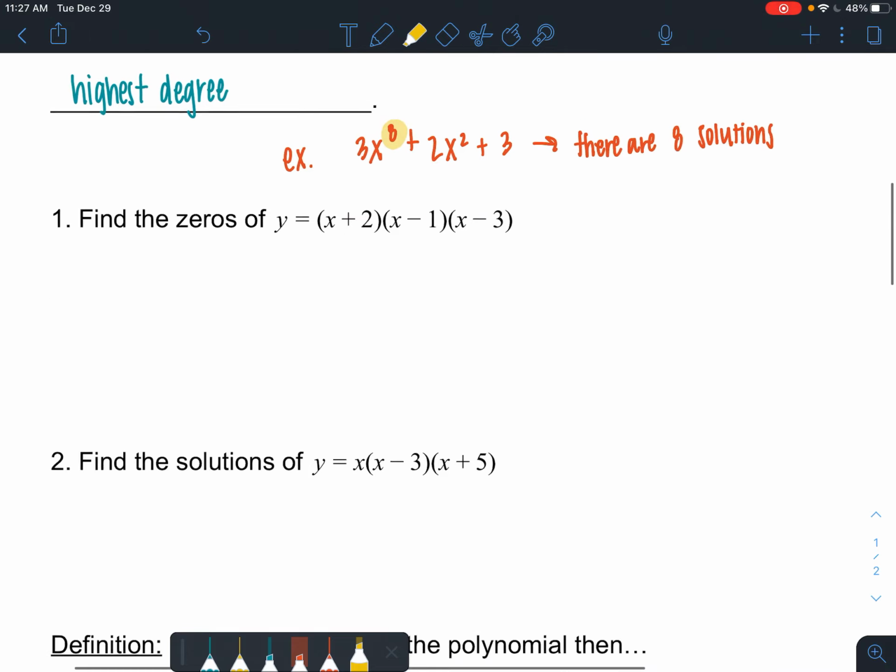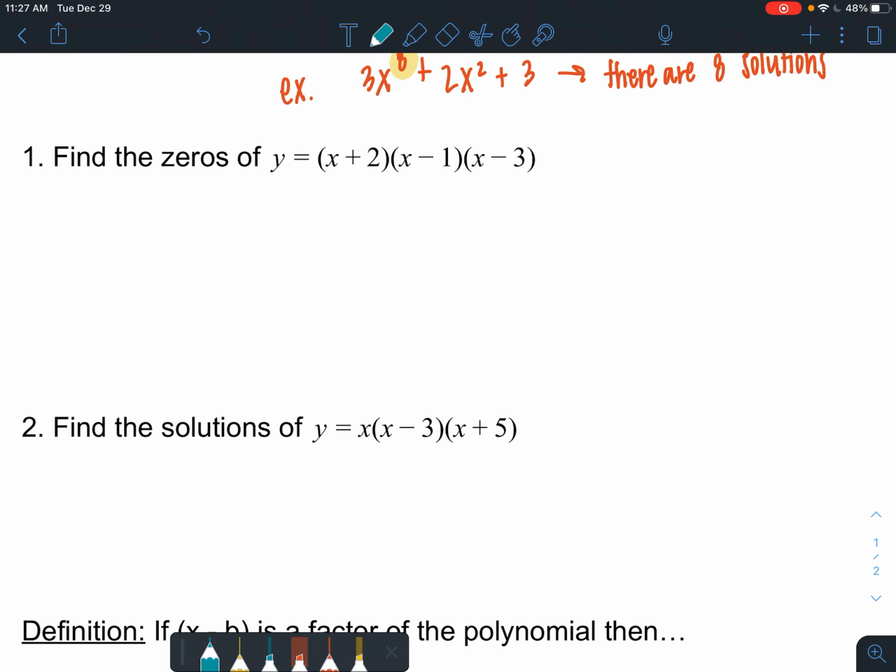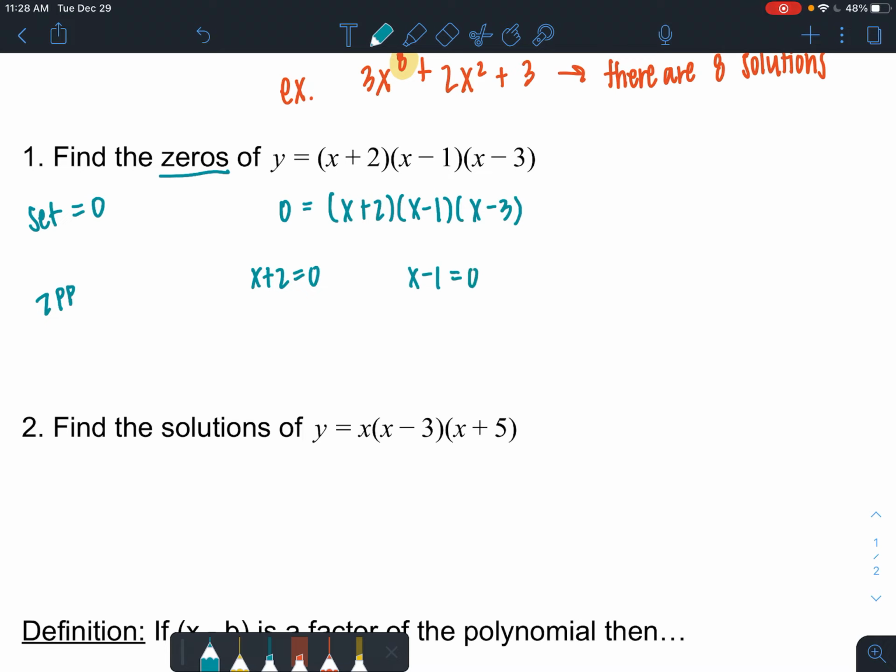Okay, so let's find the zeros of this equation right here. Remember, when we're finding the zeros, we set equal to 0 and then we use ZPP. So we have 0 equals x plus 2 times x minus 1 times x minus 3. Okay, then we use the ZPP, zero product property, and say x plus 2 is equal to 0, x minus 1 is equal to 0, and x minus 3 is equal to 0.